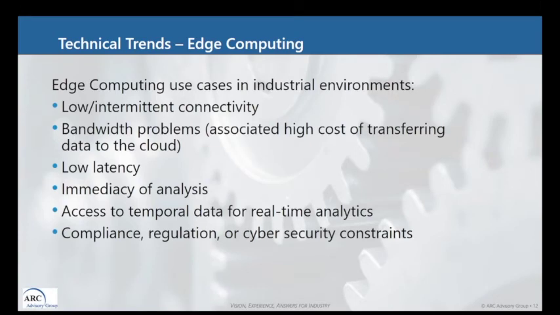Use cases when edge computing makes absolute sense in industrial environments, and therefore also with machinery, are when the machinery or the equipment is based in areas where there's low or intermittent connectivity, so that they can do more or less all their analysis on site and not really have to communicate with a cloud service outside their working area.